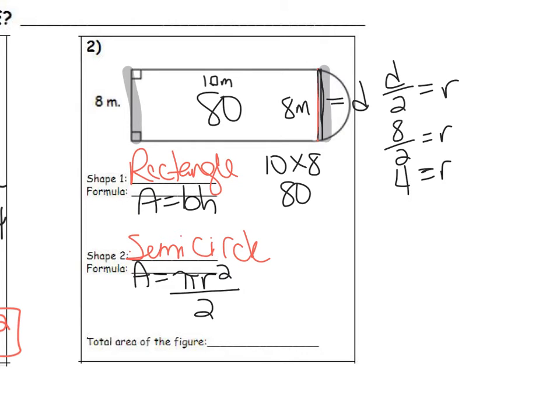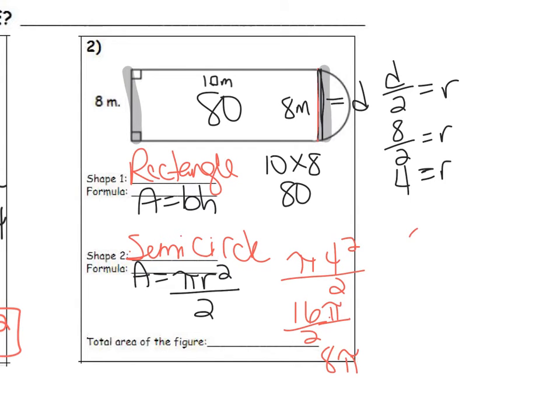So we're going to do pi times 4 squared divided by 2. When you're doing this, make sure you do the square part first before you divide it by 2. So that's 16 pi. 16 times pi is your area, divided by 2, so now you have 8 pi.